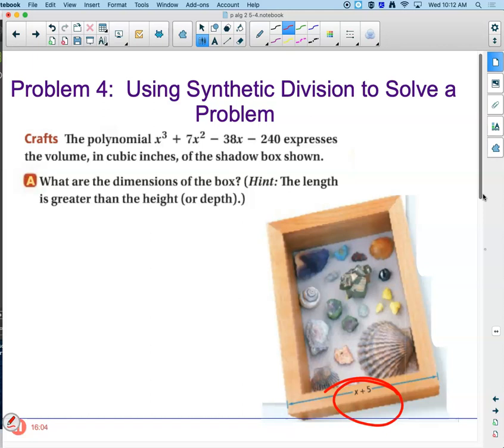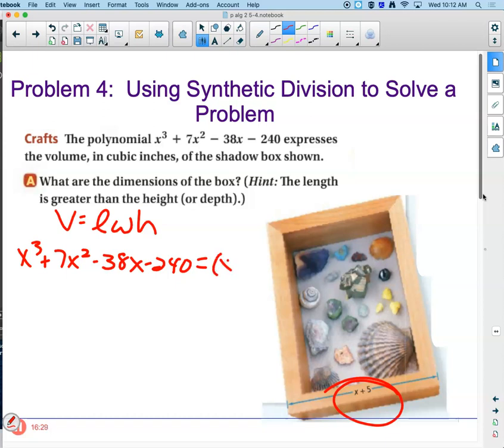Okay, so volume of a box is length times width times height. Well, they gave me one. You know, I know the volume is supposed to be this x cubed plus 7x squared business. And on the other side, well, they gave me x plus 5 on the picture.